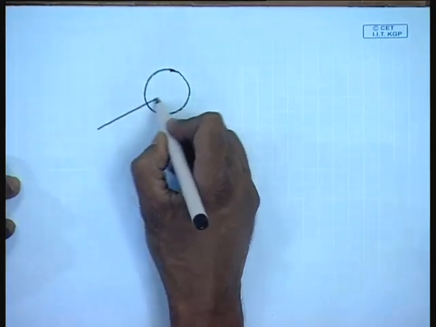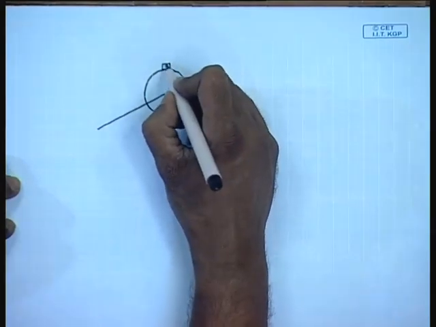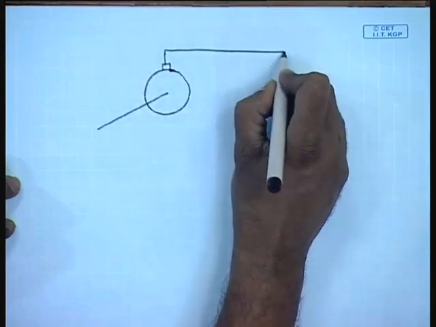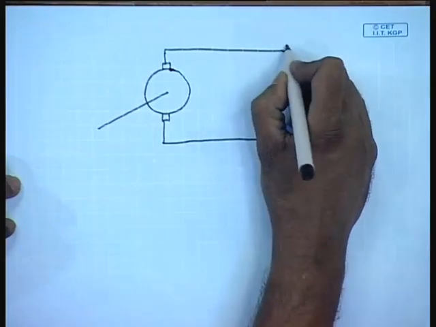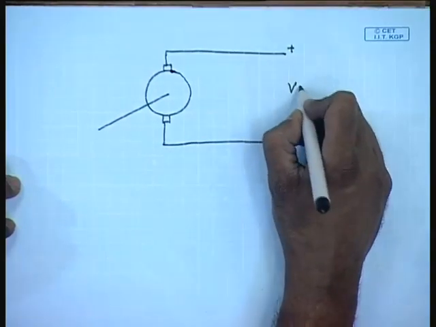Here also the armature is connected to a DC supply of terminal voltage Vt.